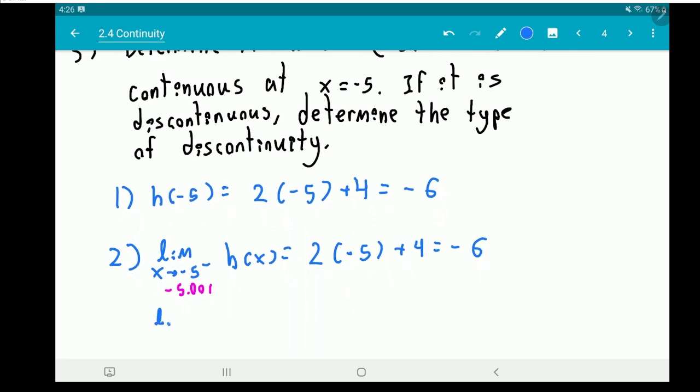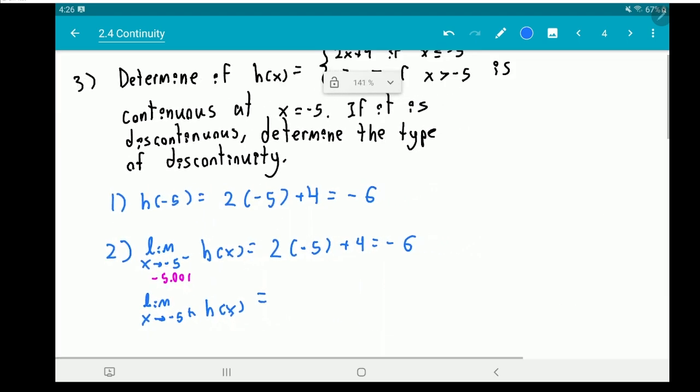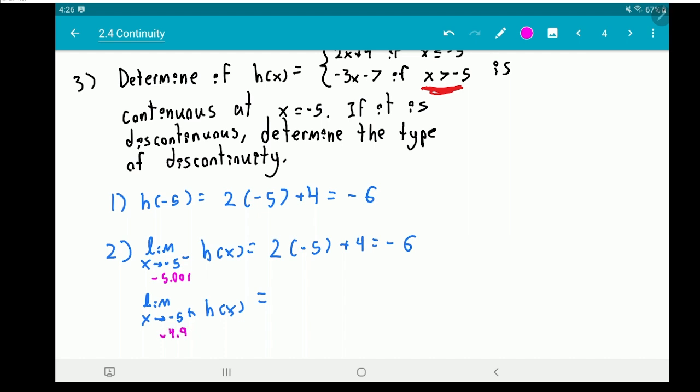Next, we check the right limit. We make sure that that works. Minus 5 from the plus. And now from the plus side, we have this minus 3x minus 7. And if I'm picturing this in my head, this is something like minus 4.999. I'm a little bit bigger than minus 5.